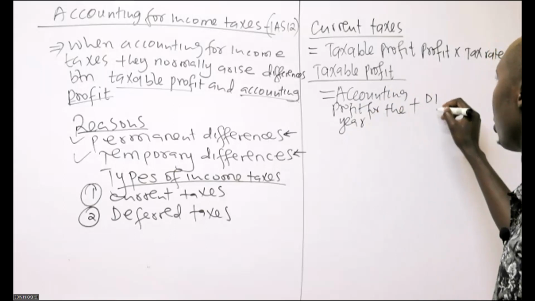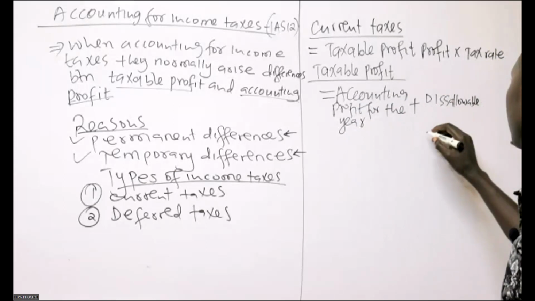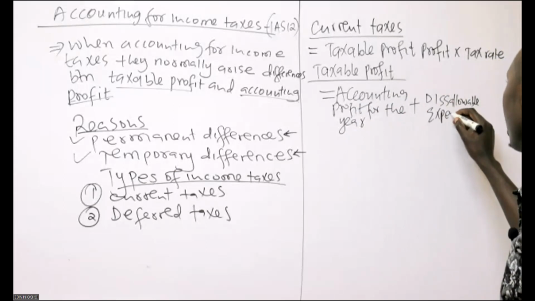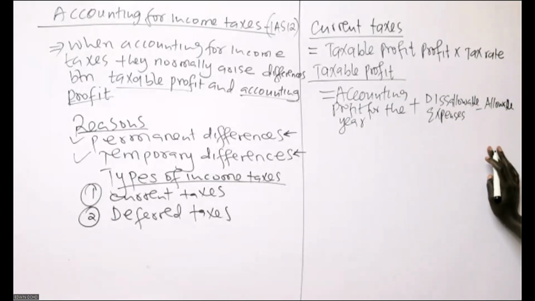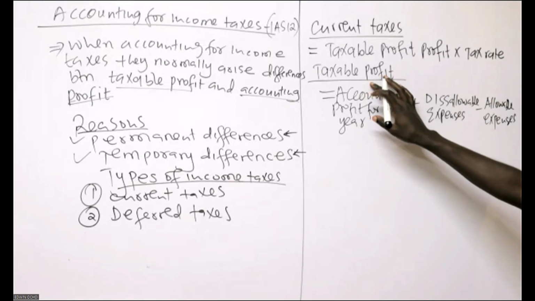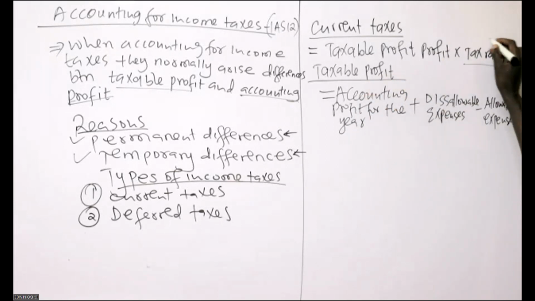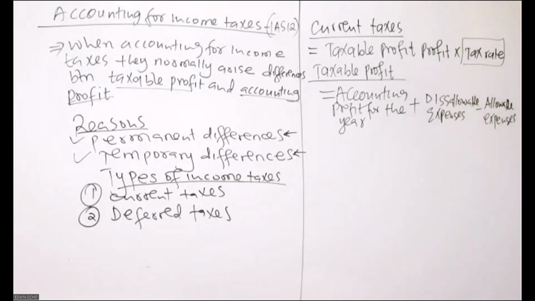You add the disallowable expenses, and you deduct the allowable expenses. Remember that once you have this taxable profit, you multiply with your tax rate, then you get your current tax.